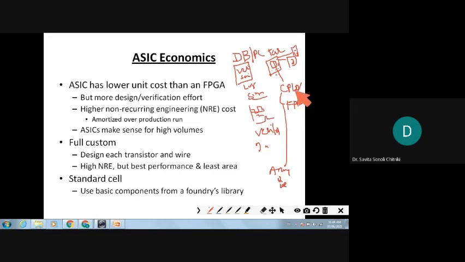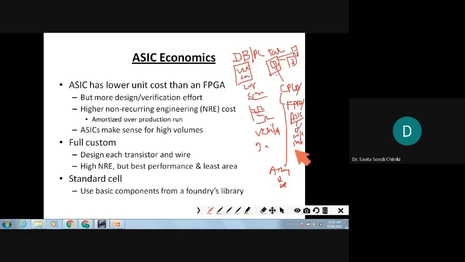Now apart from CPLD or FPGA, one more thing is ASIC. ASIC is application specific integrated circuit, or application specific integrated chip. The best examples are your ovens, your washing machine, your mobile phones.